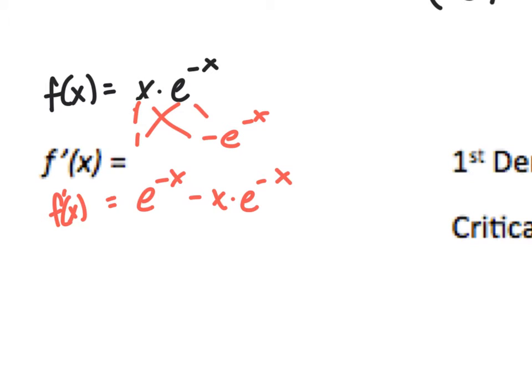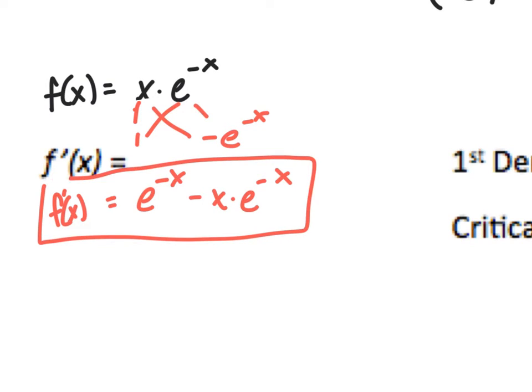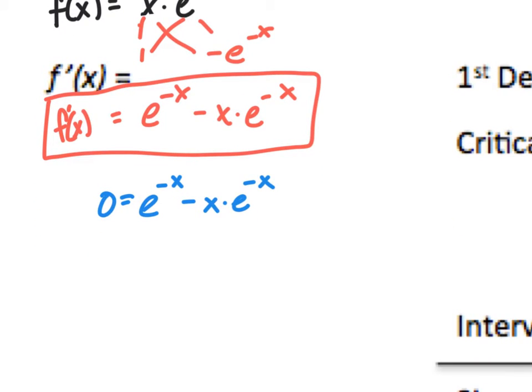Now what I want to do with this is set it equal to 0 and solve for x. So 0 is equal to e to the negative x minus x times e to the negative x. I can factor out a common e to the negative x. So I get 0 is equal to e to the negative x times 1 minus x. I set each of these equal to 0.